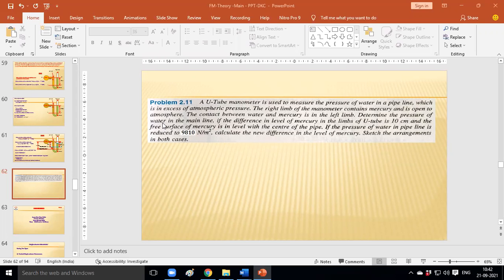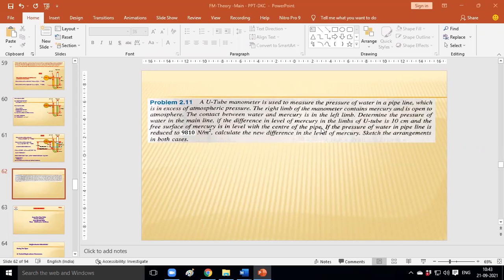A U-tube manometer is used to measure the pressure of water in a pipeline, which is in excess of atmospheric pressure. The right limb of the manometer contains mercury and is open to the atmosphere. The contact between water and mercury is in the left limb. Determine the pressure of water in the main line if the difference in mercury level in the limbs of the U-tube is 10 centimeter and the free surface of mercury is in level with the center of the pipeline.